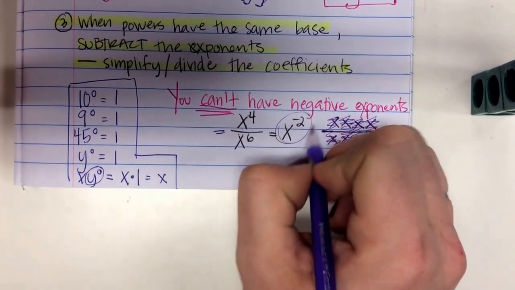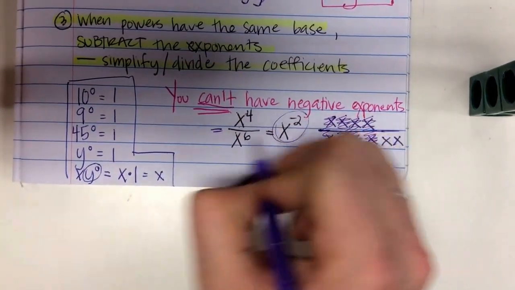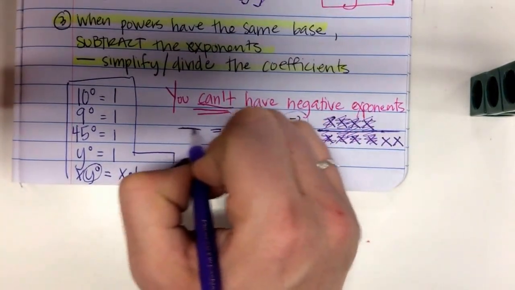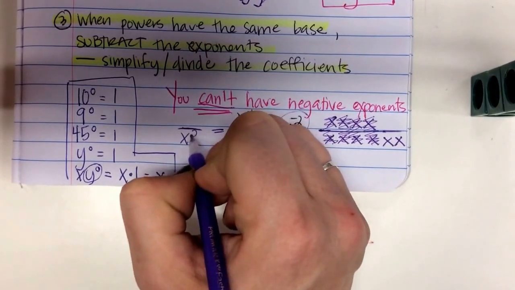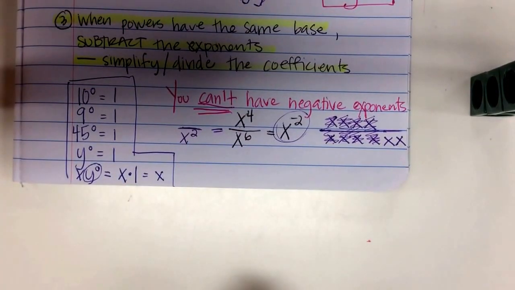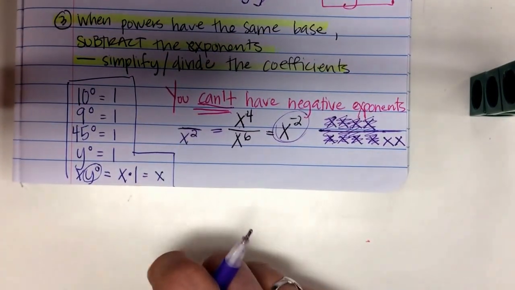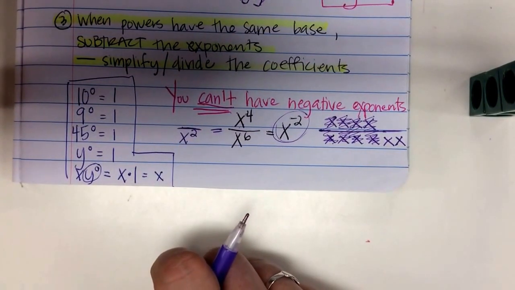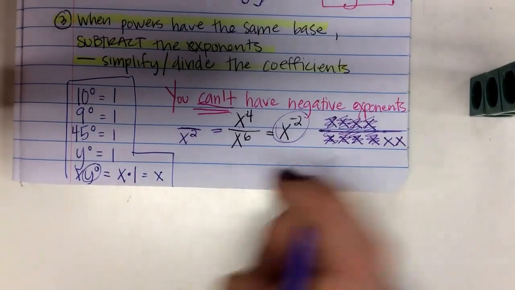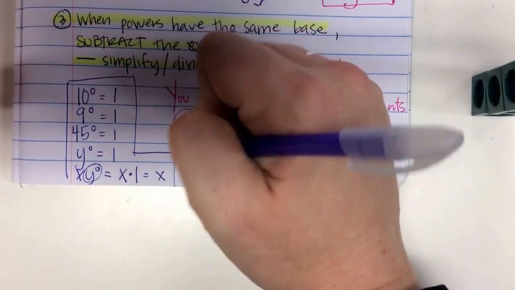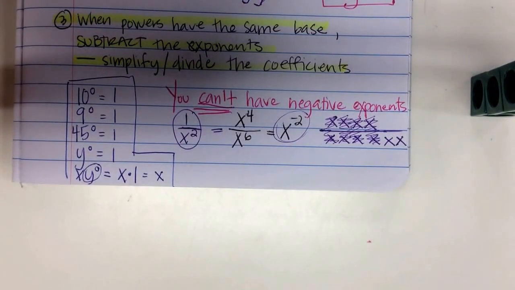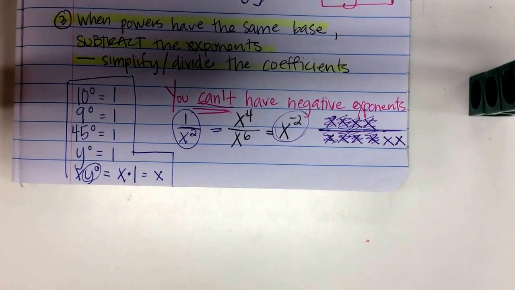If you have a negative exponent, they belong in the denominator. So what should I fill in to hold this place? Not a 0. If I put a 0, it disappears. A 1. So what's the rule? You cannot have negative exponents. If you get a negative exponent, what should you do?